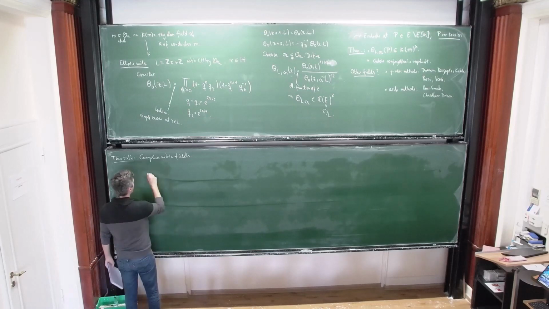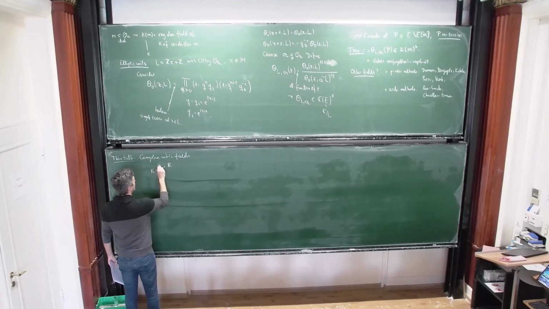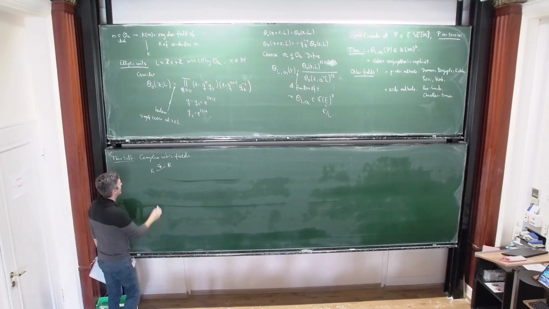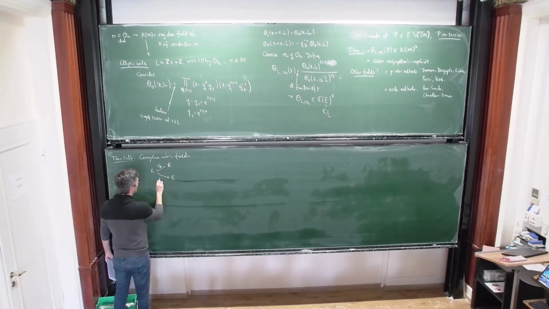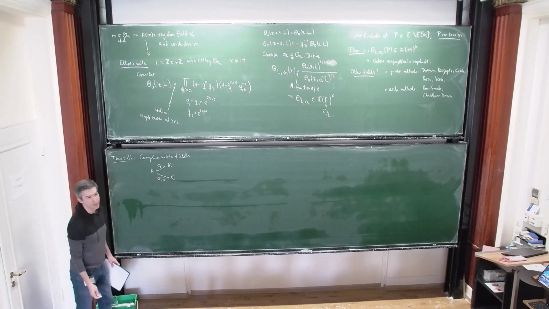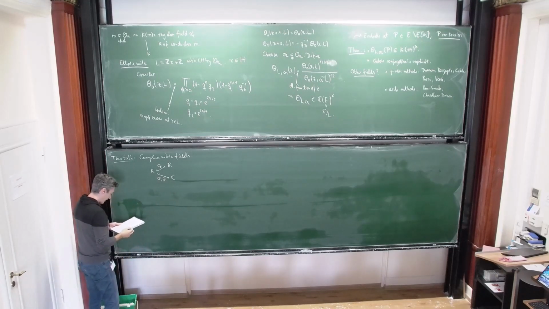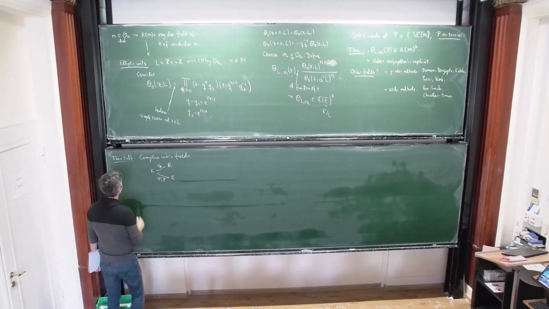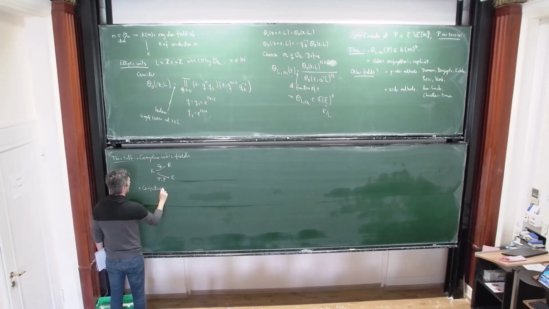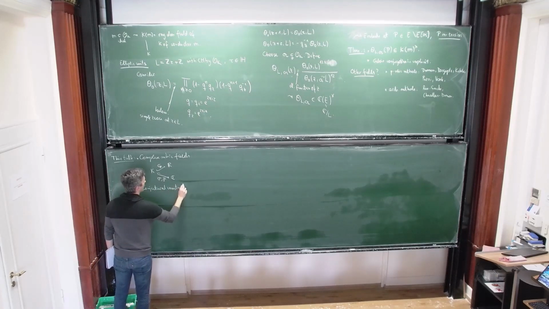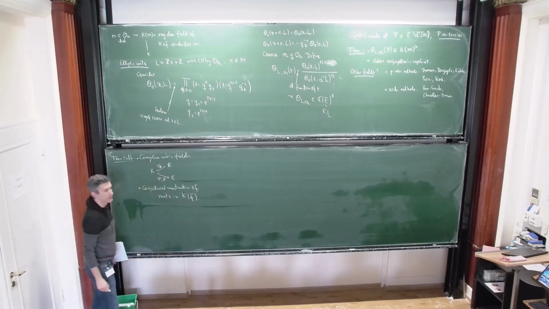Okay, so I'm going to fix my complex cubic field, and so it has one real embedding that I will denote by sigma r, and I will also fix one of the two complex embeddings and call it sigma. And I want to talk about a conjectural construction of units in ray class fields.